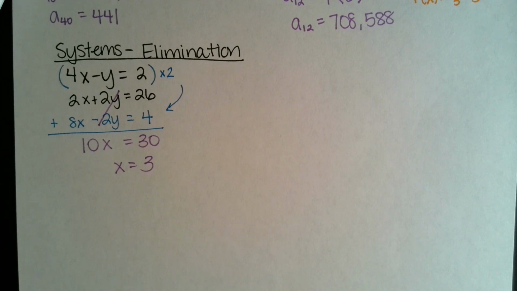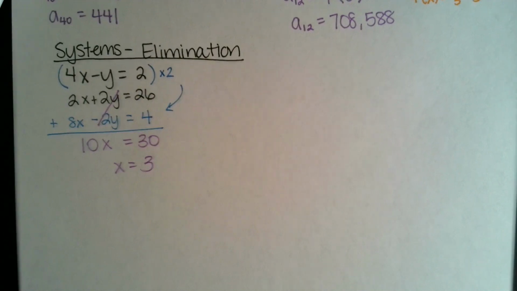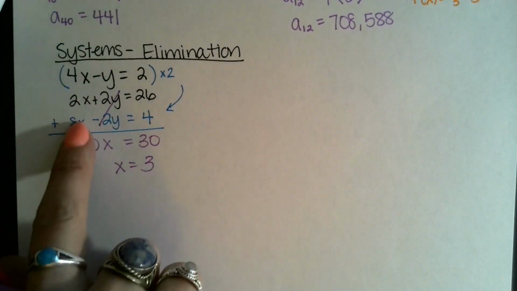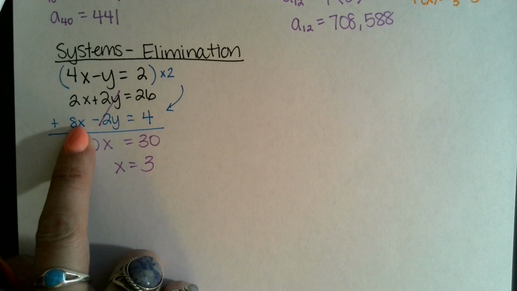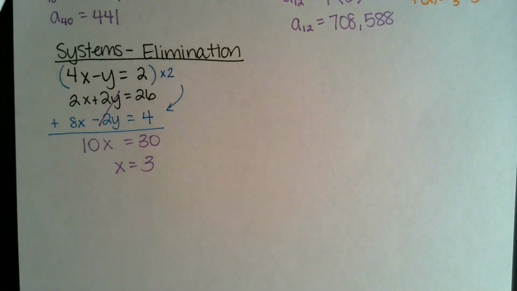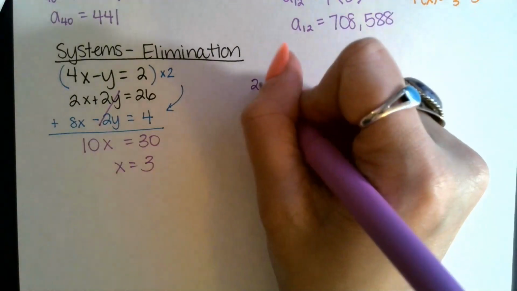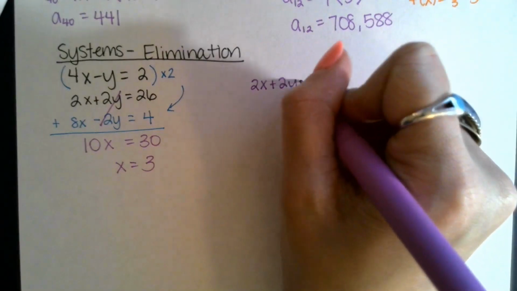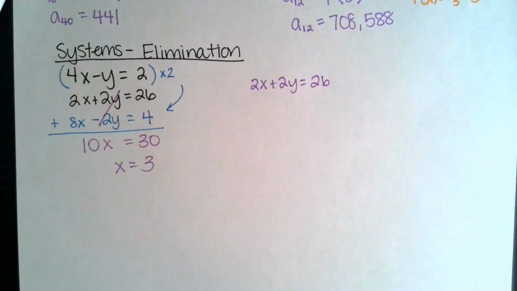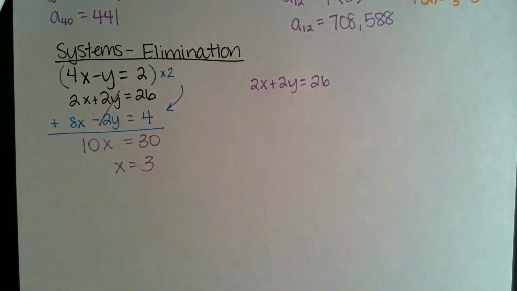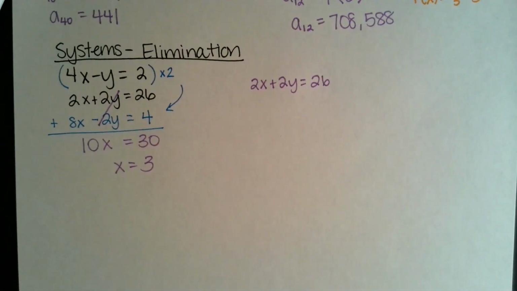What do I do now? Plug it in. You have 3 different equations that you can plug it into, and I truly don't care which one you pick. They're all going to give you the same answer, so long as you do your math right. I'm going to use 2x plus 2y equals 26 because there's no subtraction in there. And again, you're going to make a silly negative mistake, and it's going to be an answer.